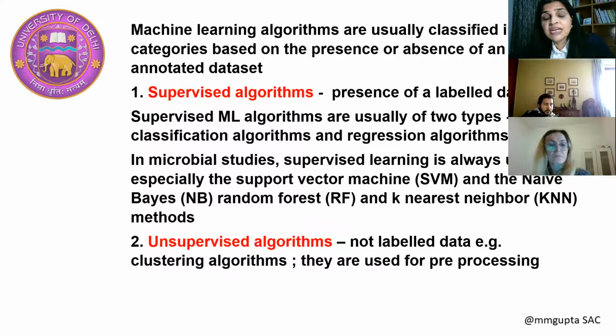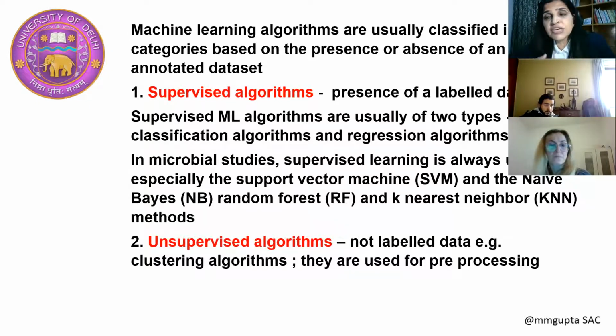There can be unsupervised algorithms also, meaning we don't have a labeled data available and the algorithm itself first decides the meaning. It is mostly used for pre-processing or maybe clustering.